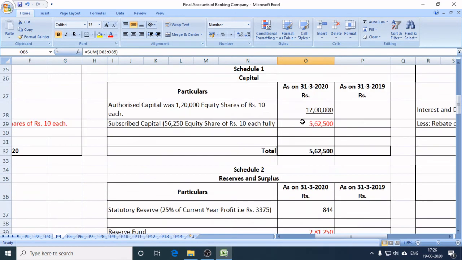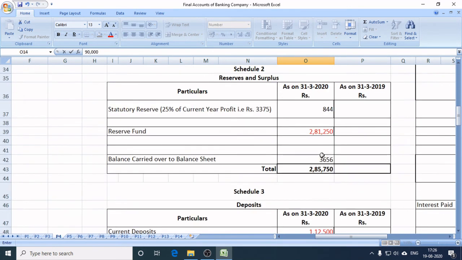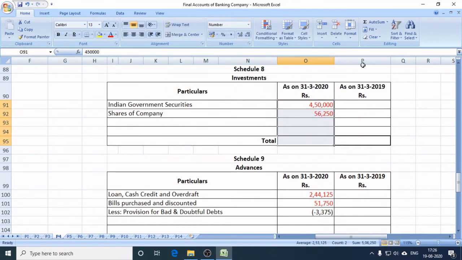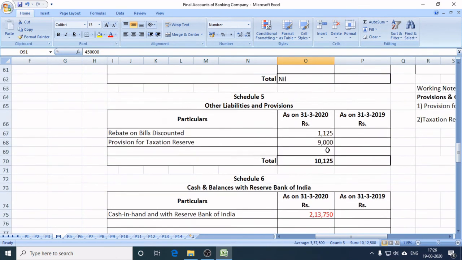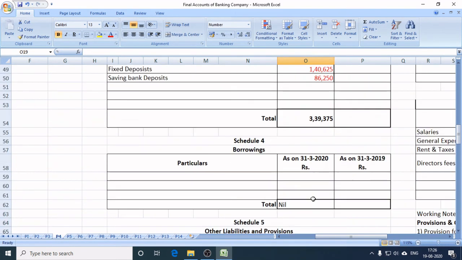Now the next is schedule number 8, investments. The aggregate figure is 5,06,250.